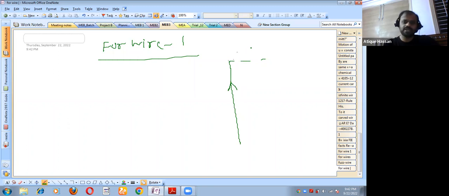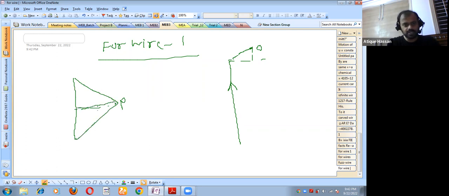We have to take the angle in the direction of current, right? So the point O is here. In the general situation, what we were doing, we were taking a point and taking the angle of two ends with the middle point, like this angle and this angle.